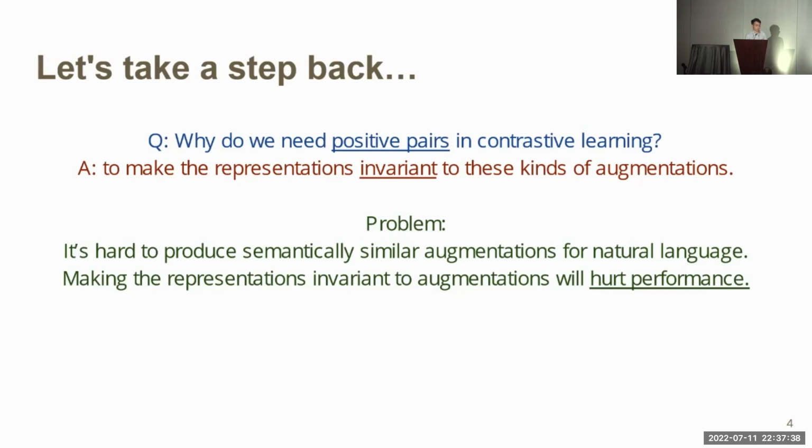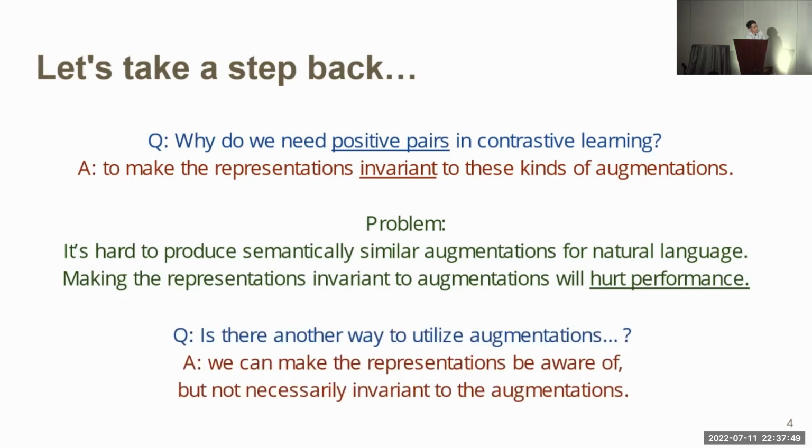Otherwise, it will hurt the downstream performance. Does that mean these augmentations are not useful at all? Definitely not. We can try to utilize these augmentations in a completely different way. We can make the representations be aware of, but not necessarily invariant to the augmentations.